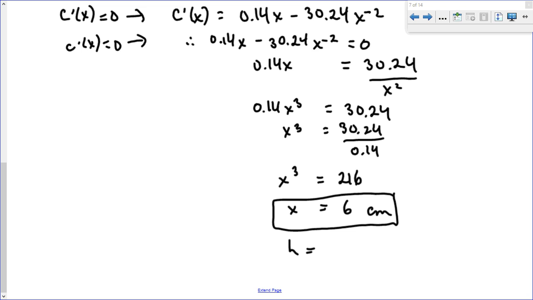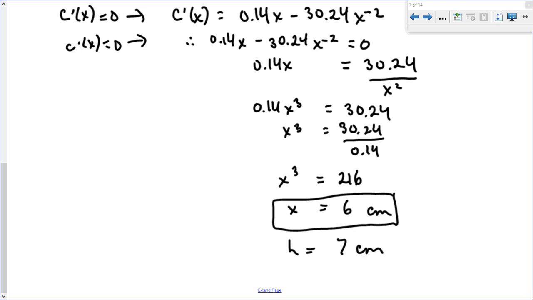H would be... I don't think I calculated H. What would H be? 252 divided by 36. 7, the height is 7.